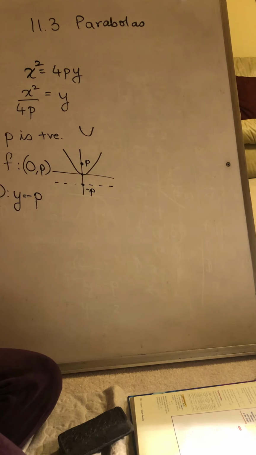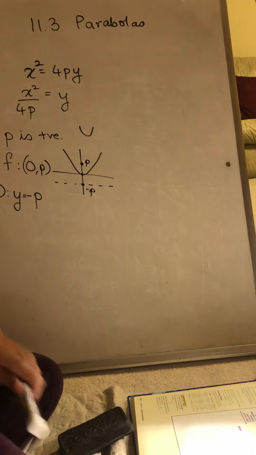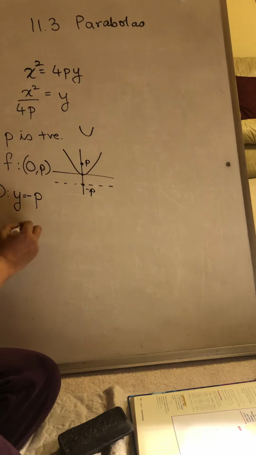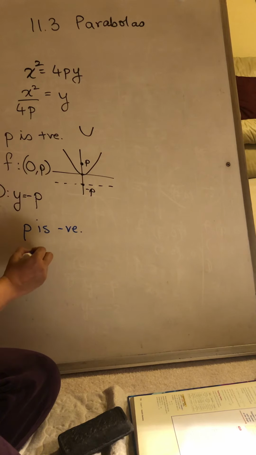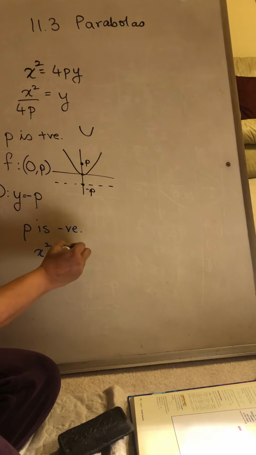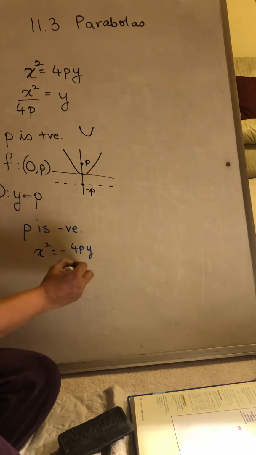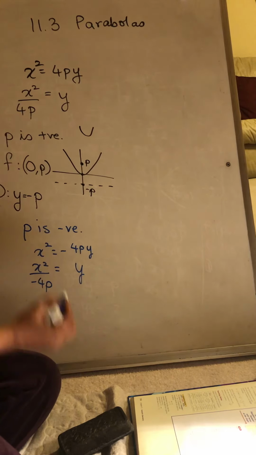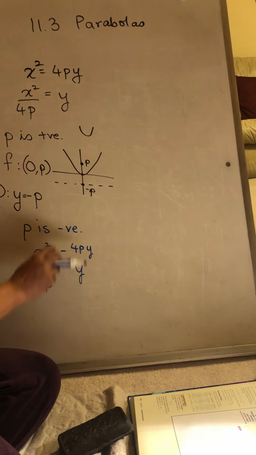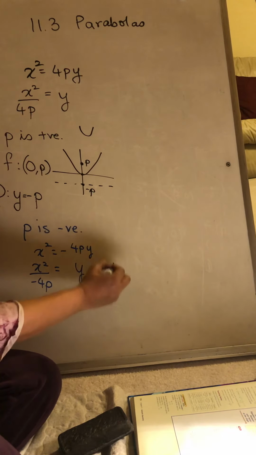Same thing now if P is negative. If I have x square equals negative 4py, I can also write it as y equals x square over negative 4p. Now since P is negative, what do I know?